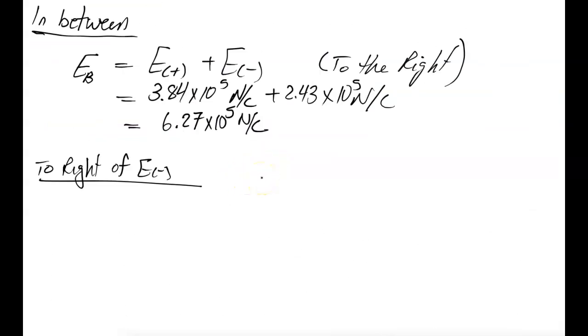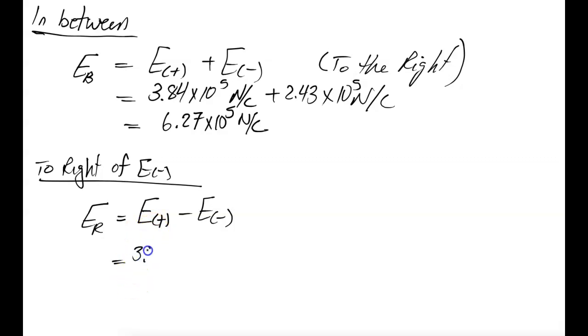So again, if we take E to the right to equal E positive minus E negative, whatever direction we get will depend on whether it's positive or negative.